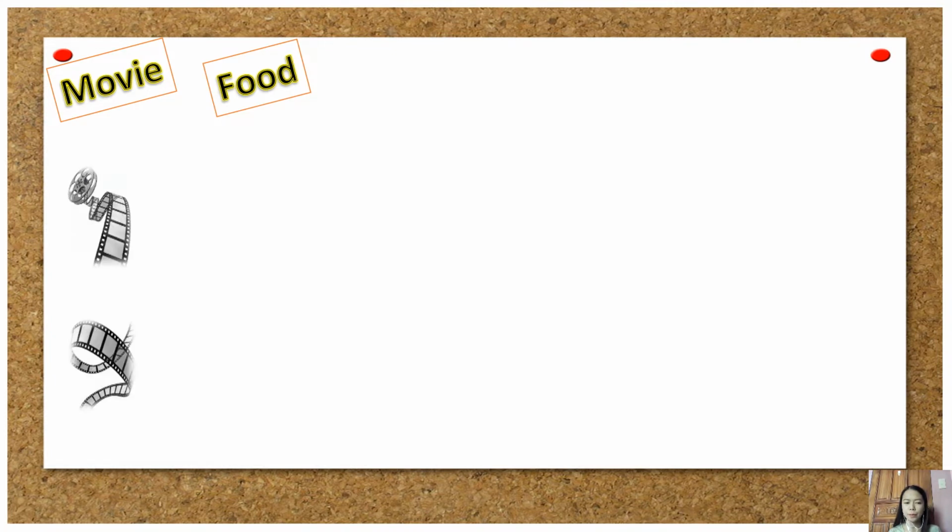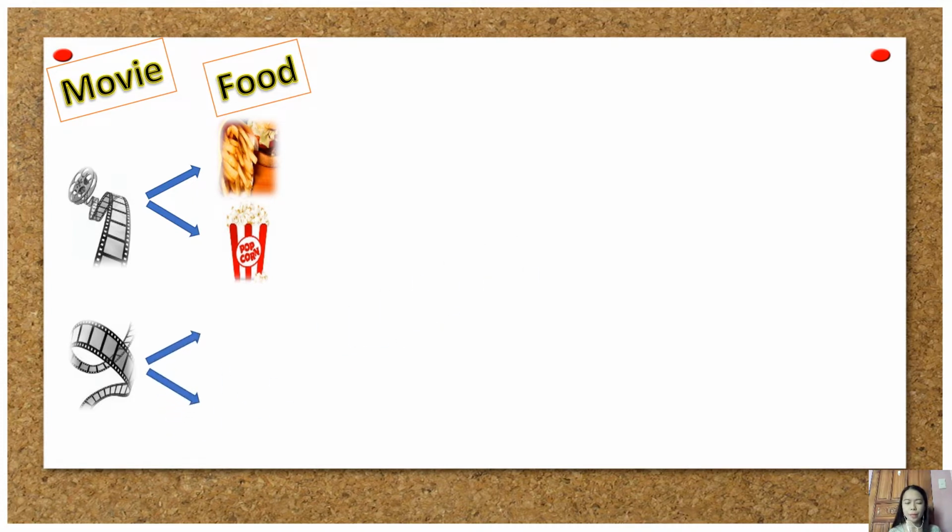Let's say, for example, the first movie is Spider-Man, and the second movie is All of Us Dead. And the choices for food are bringing fries or popcorn. And by means of this tree diagram, we will know the number of possible ways to select from.